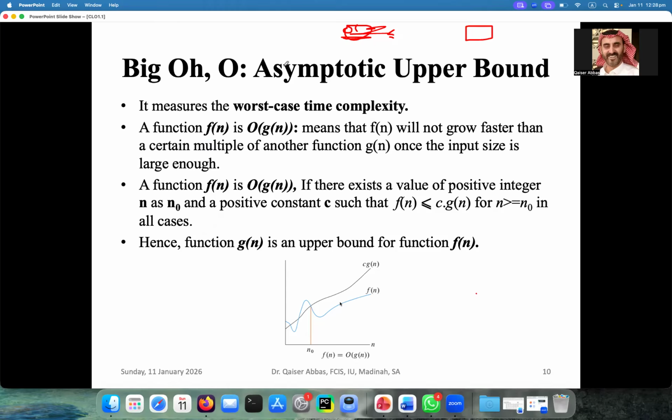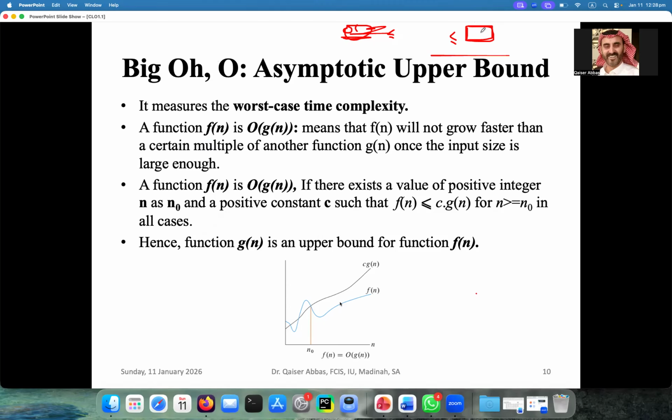When it says big O and upper bound, it means that the number of operations would be either equal to or less than this upper bound or upper value. If somebody says that the upper bound for this algorithm is this block, then the number of operations in this block would be less than or equal to this value.